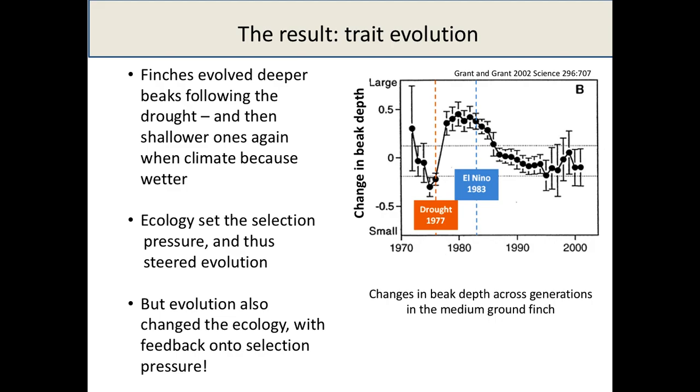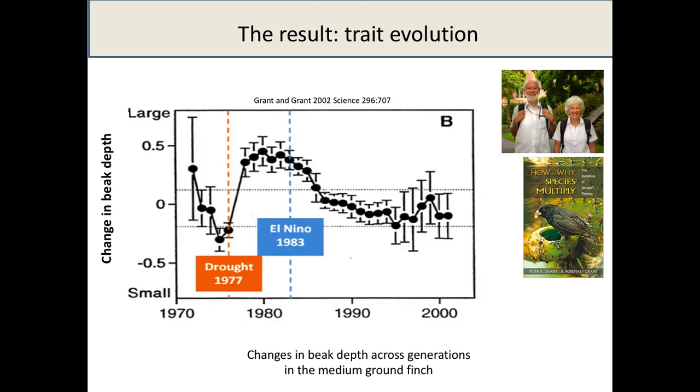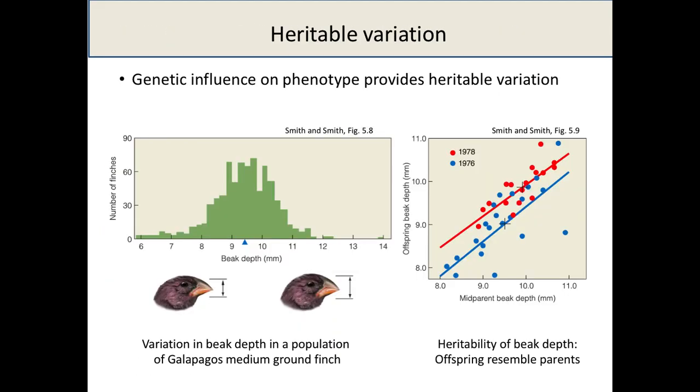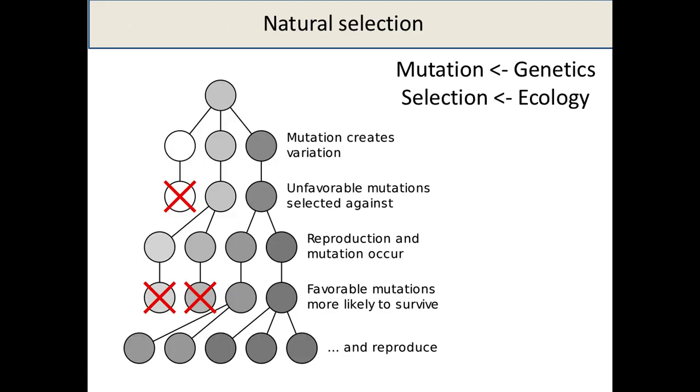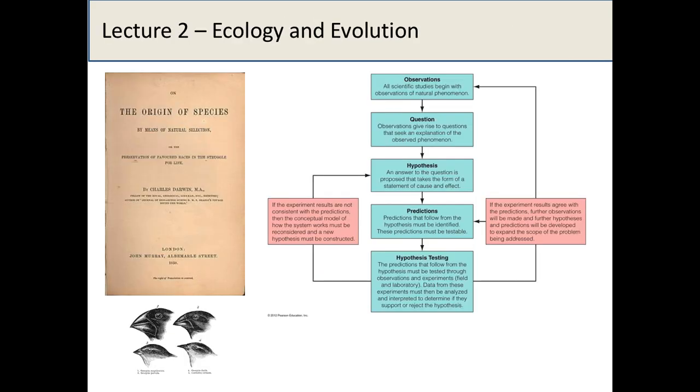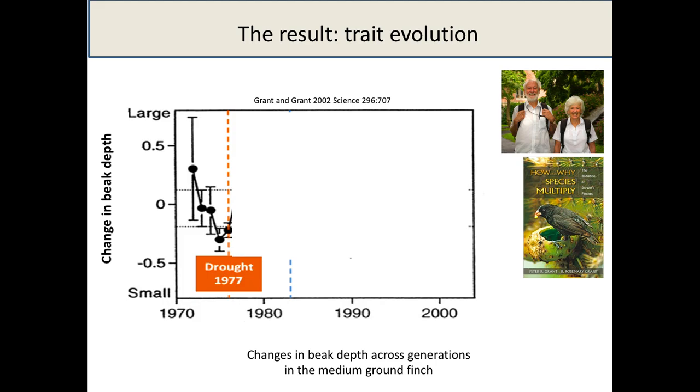We can look at this in one generation: the white dots were selected against, small beak sizes were selected against. Perhaps in a later generation, grey dots were selected against, large beak sizes were selected against. We're seeing in real time natural selection working on the variation within the population.